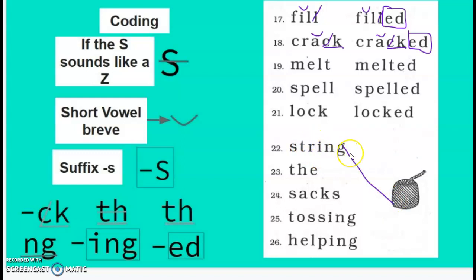String. That gets a breve. And we underline our digraph, NG. When you're finished with 22 through 26, go ahead and flip your paper over.